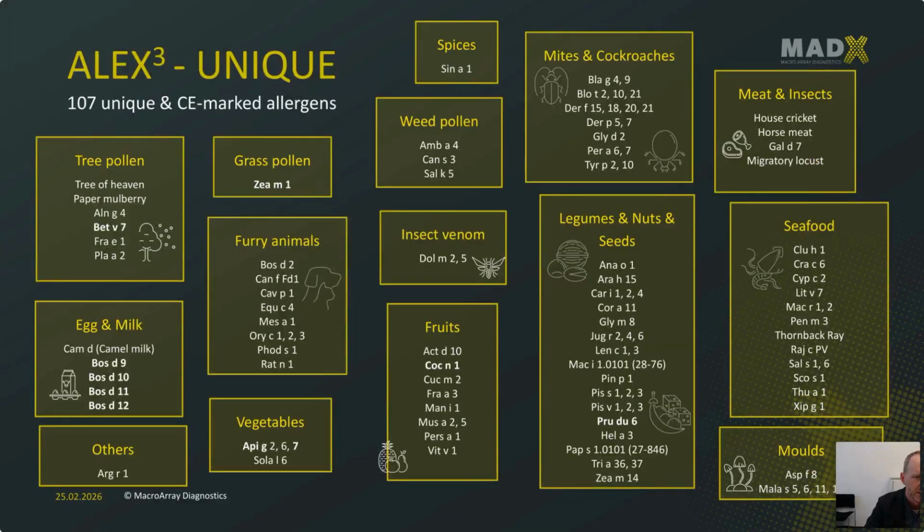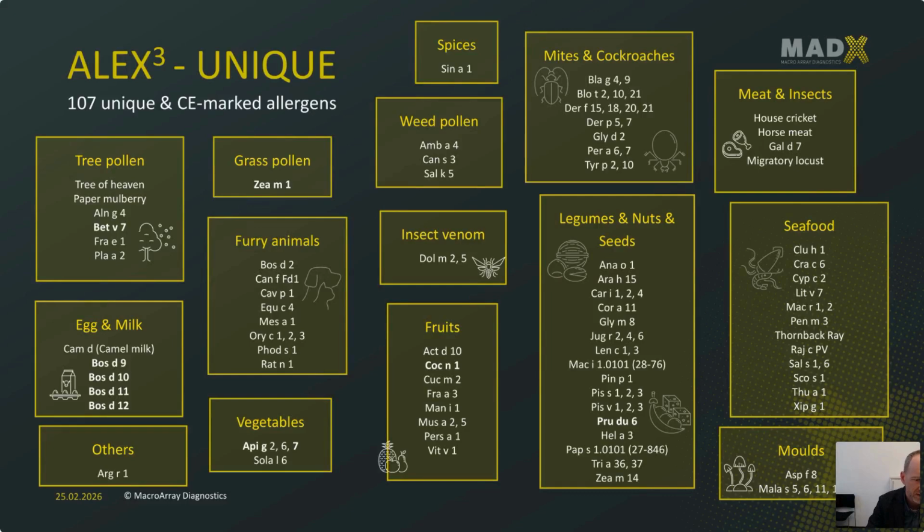So the Alex 3 contains a total of 107 unique allergens that are exclusively available through our platform. These allergens provide additional diagnostic benefits and allow a more accurate determination of the patient's sensitization profile. A few honorable mentions would be the seed storage proteins from almond and coconut.